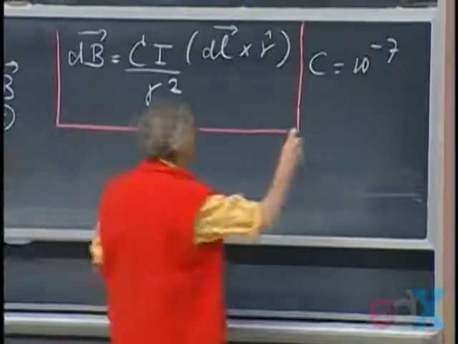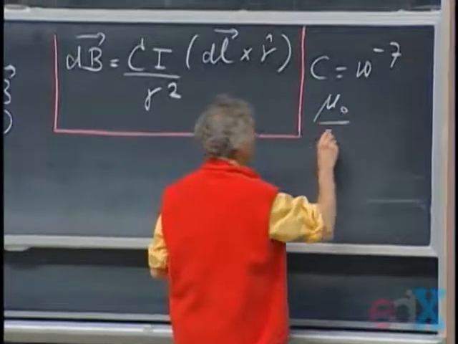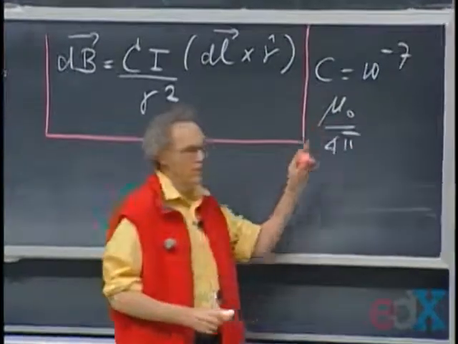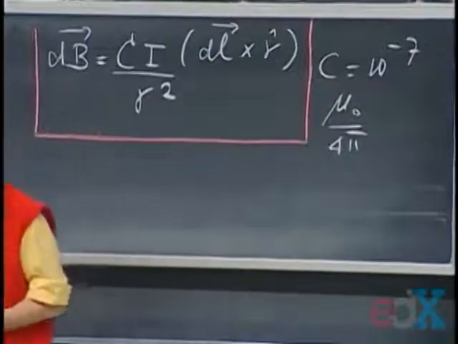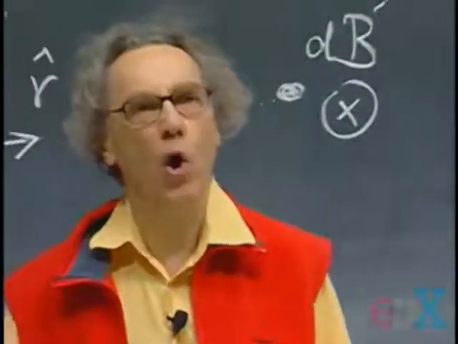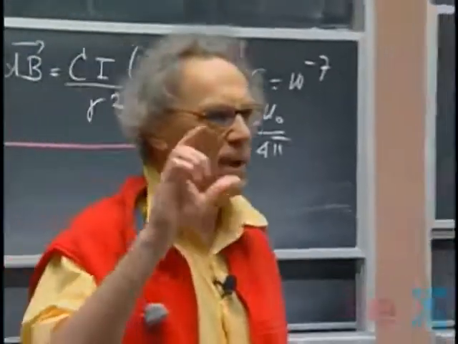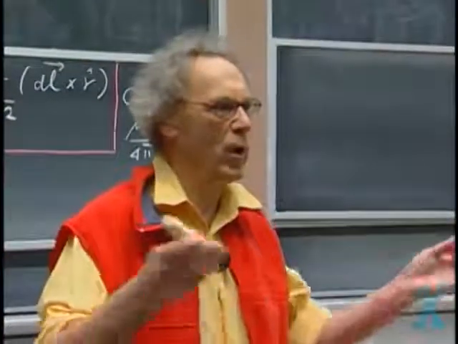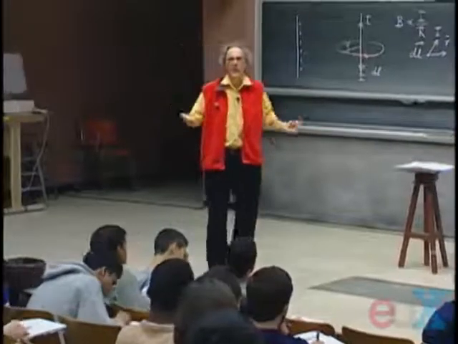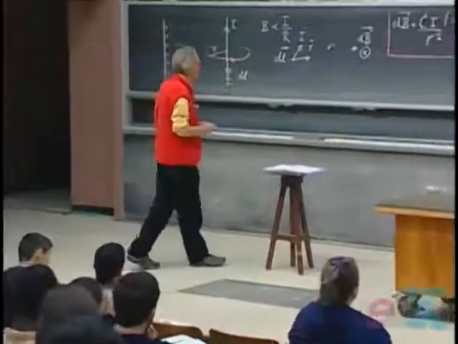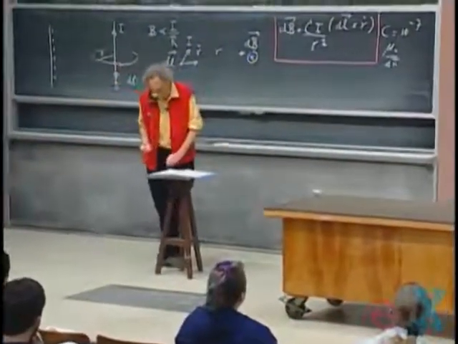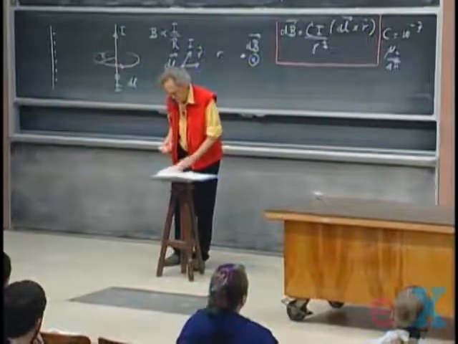We write for C mu 0 divided by 4 pi. And we call this mu 0 the permeability of free space. You've seen earlier with Coulomb's law that this constant 9 times 10 to the 9th, we call that 1 over 4 pi epsilon 0. And so here, we call this mu 0 divided by 4 pi.